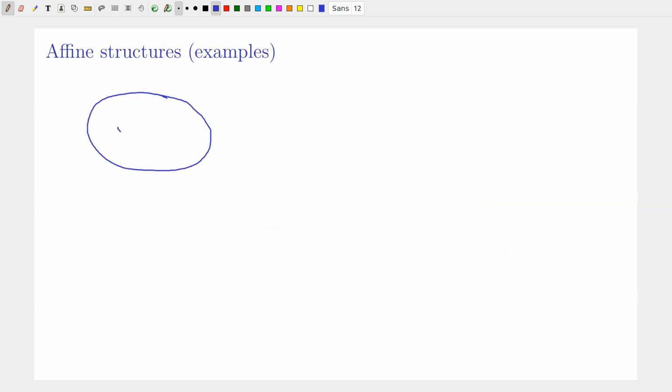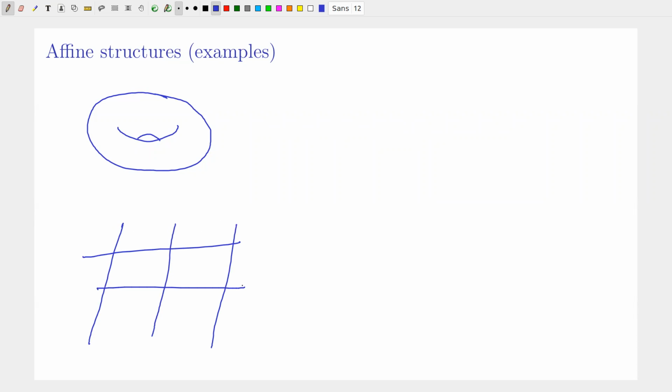So let me give some examples of affine structures on elliptic curves. The first one is when you construct the elliptic curve by taking the quotient of C by a lattice.